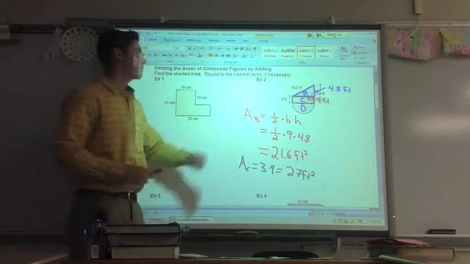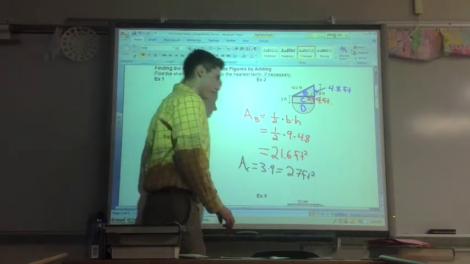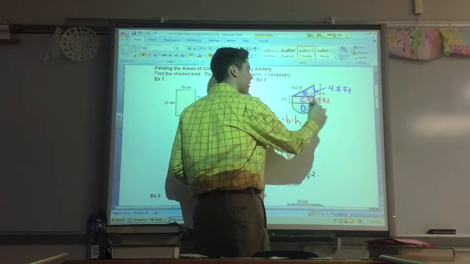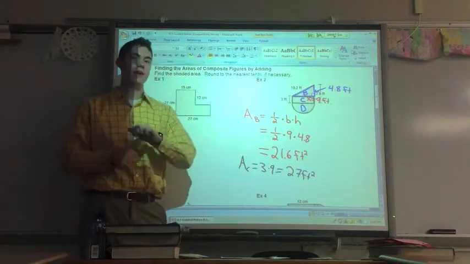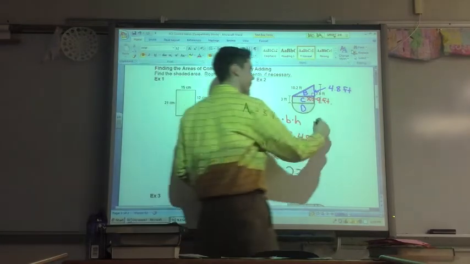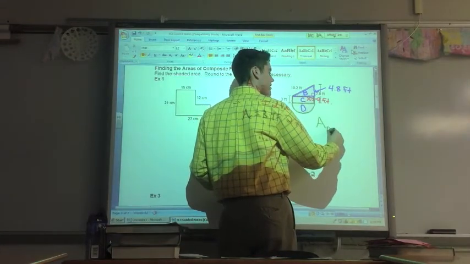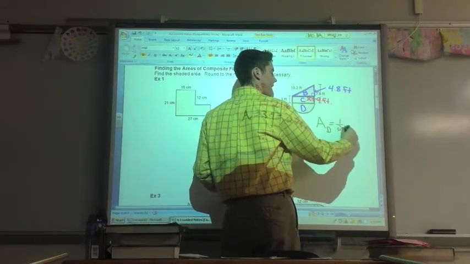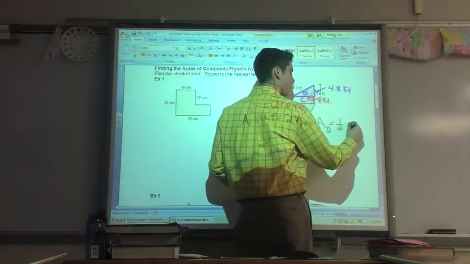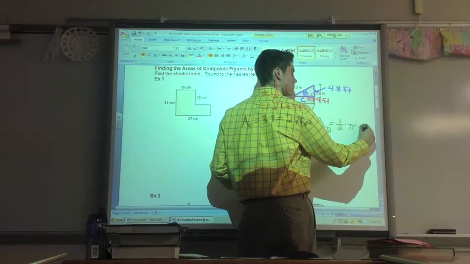And then last but not least, we have the area of region D, which I'm going to highlight here in green. And that is a semicircle. So that's half the area of a circle. To find the area of region D, the area of region D is equal to 1/2, and if you recall, the area of a circle is pi r squared, so that's 1/2 times pi times r squared.